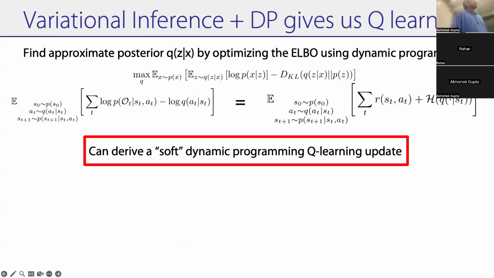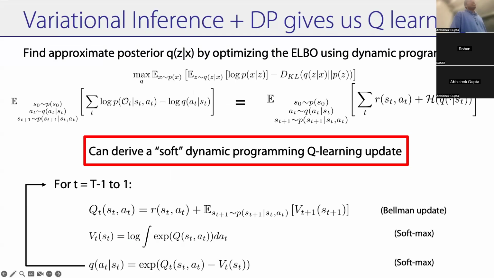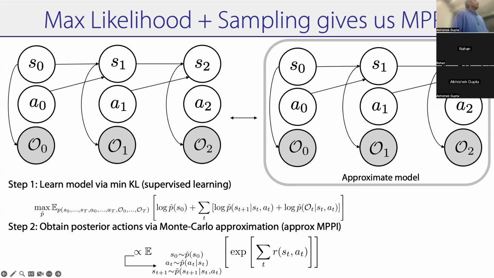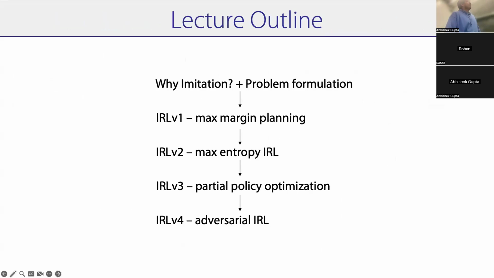Doing dynamic programming on the same bound gives us soft Q learning. So gradient descent gives you policy gradient, and dynamic programming gives you soft Q learning. Finally, we showed a two-step process of learning a model and then doing posterior inference in it, which gives us something close to MPPI. That's what we covered in the last lecture.